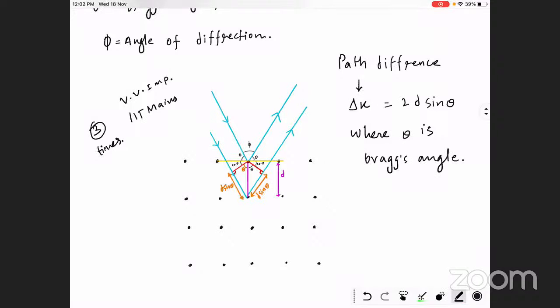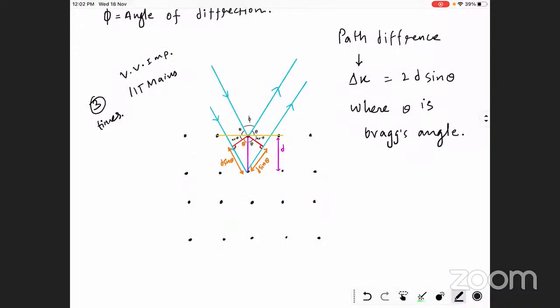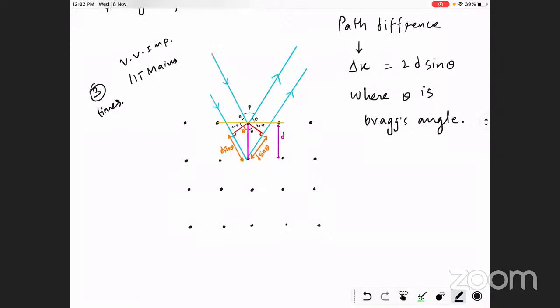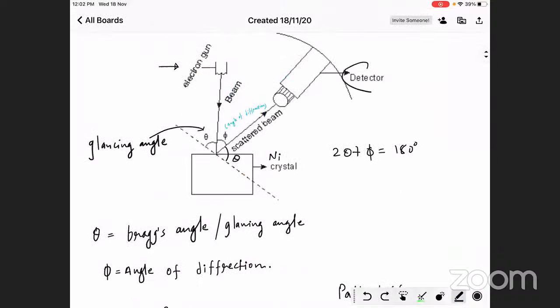I'll tell you what mistake I have made. But for right now, you understand what is path difference. 2d sin theta is the path difference. Now these two beams are received by the detector. Could you understand that? The detector will receive these two beams. Understood, bacho?